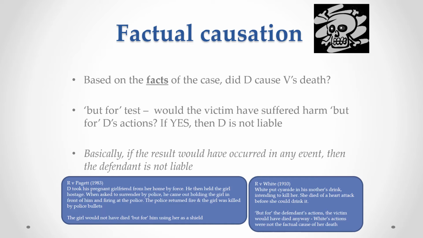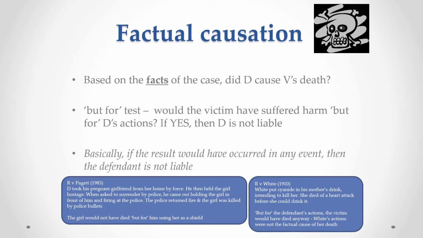Okay, so case examples will illustrate this much easier than me trying to explain the test without that. So let's look at two here. So the case of Paget in 1983. Paget was being asked to surrender by the police for a number of different offences.